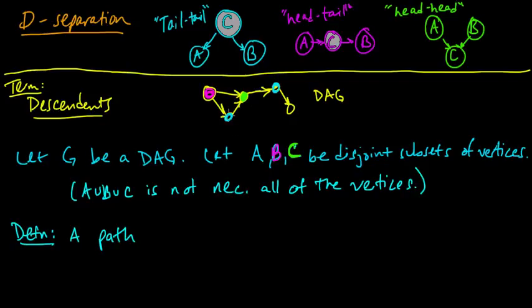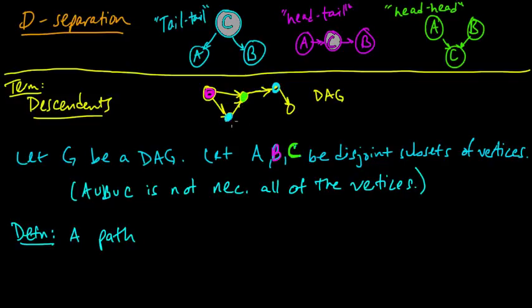A path from this vertex to this vertex is a sequence of edges that is connected, in the sense that the induced graph on that set of edges is connected. Actually, here's a better way to say it.